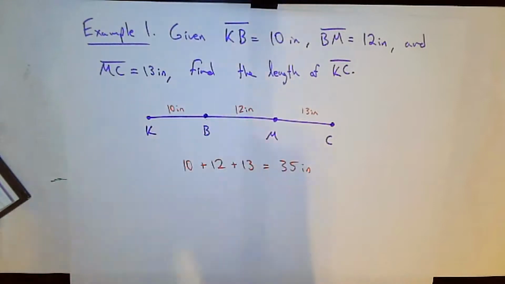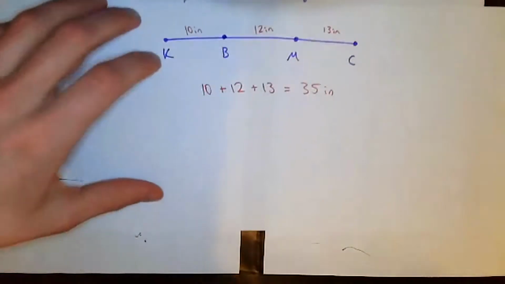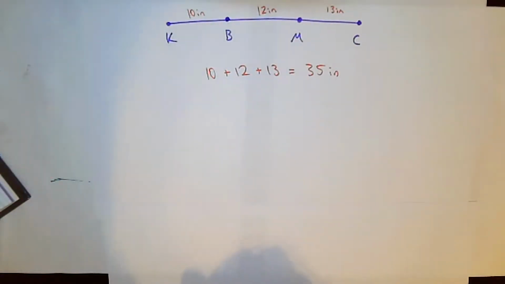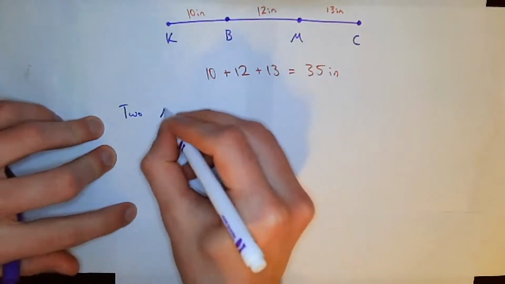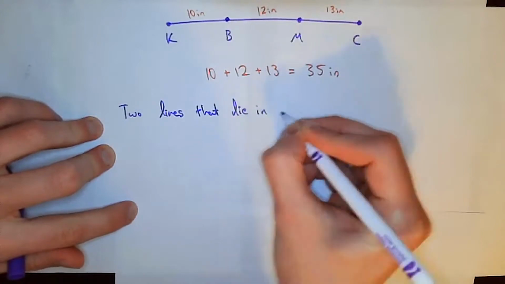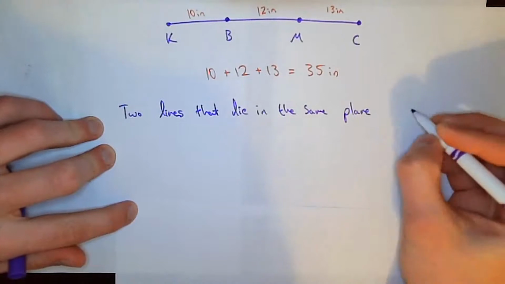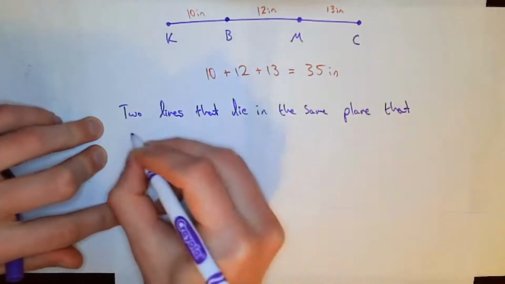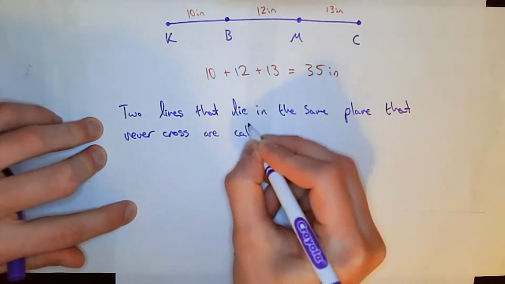Okay, let's do some more definition stuff. I guess I can continue using this page. So I can say, two lines that lie in the same plane that never cross are called parallel.